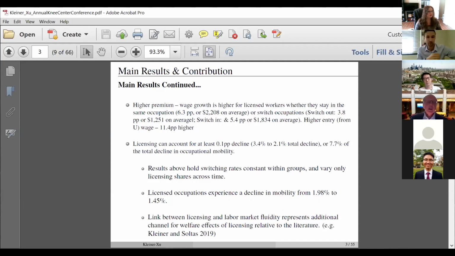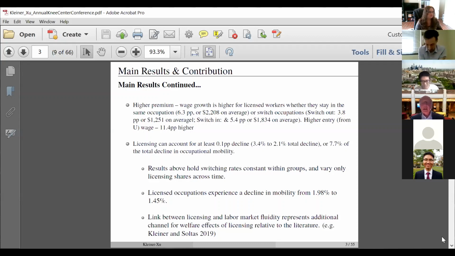And the results above hold whether the switching rates are within groups, vary only in terms of licensing shares across time, and increased licensing results in a decline in mobility of between almost 2% to 1.5%. And this decline in fluidity represents an additional channel for welfare effects.